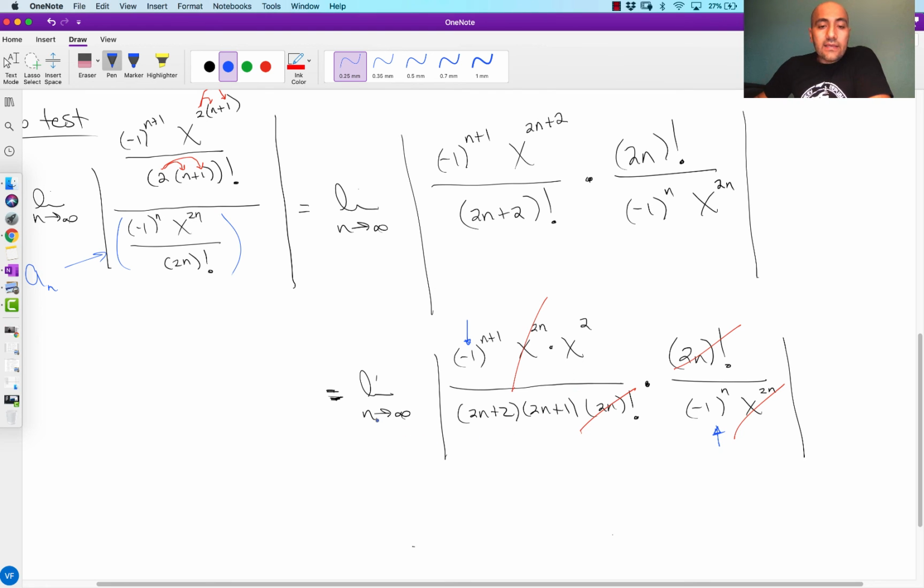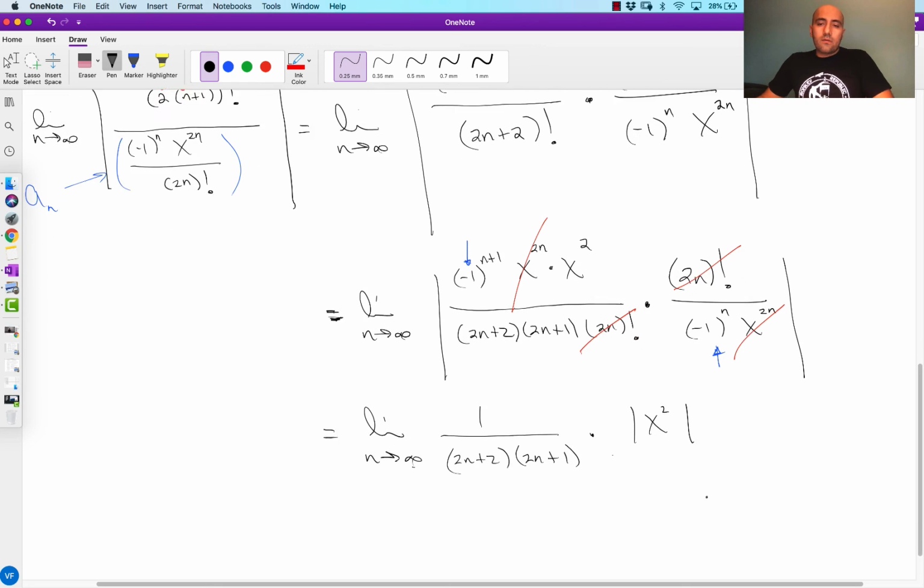Now also, n is counting numbers starting at 1, 1, 2, 3, 4, 5, all the way out to infinity. That means that this part is positive always. This part's always positive as well. And when we multiply them, we're going to get another positive value. So the absolute values do not impact this one. Okay, so we can simplify that and say that this is equal to the limit as n goes to infinity of, let's pull out these, just 1 over 2n plus 2 times 2n plus 1 times, and then we have this like that.